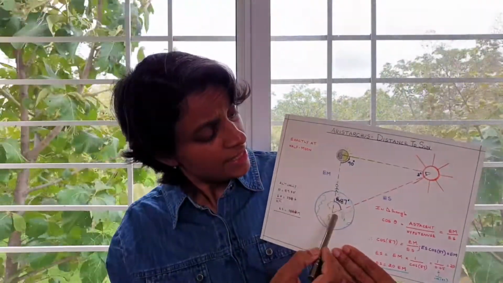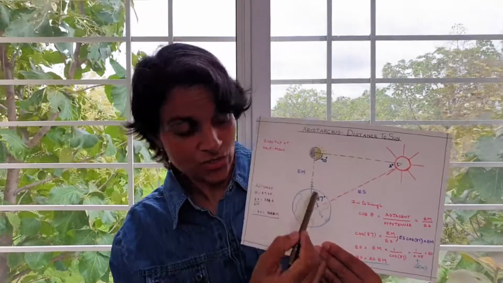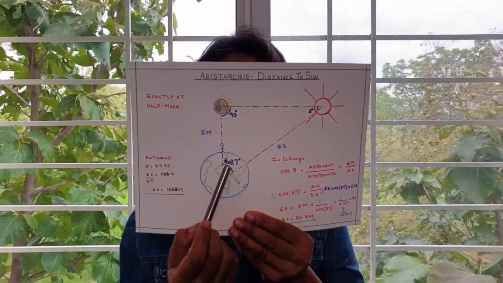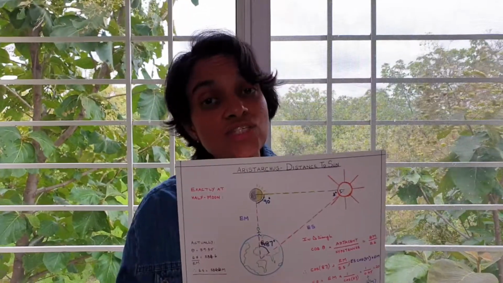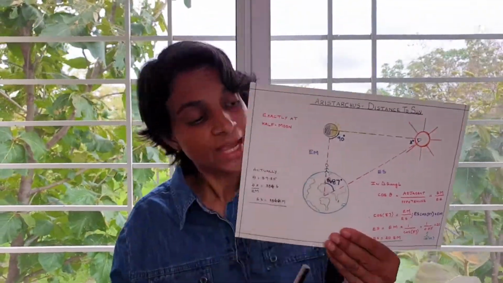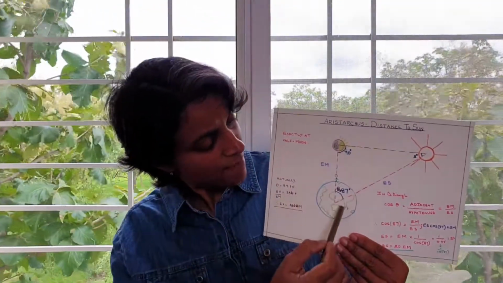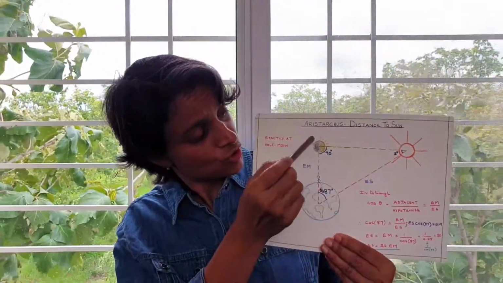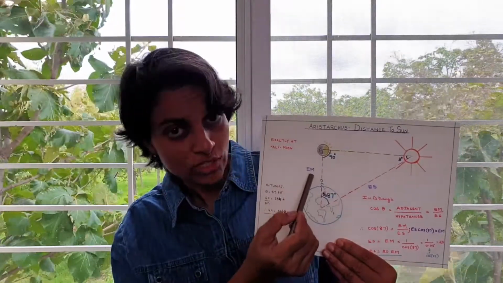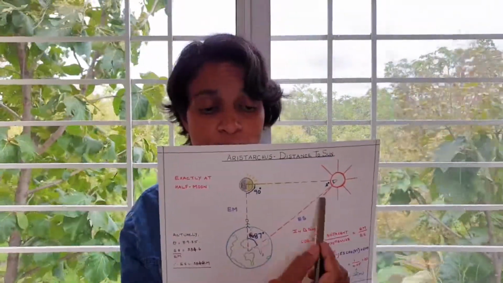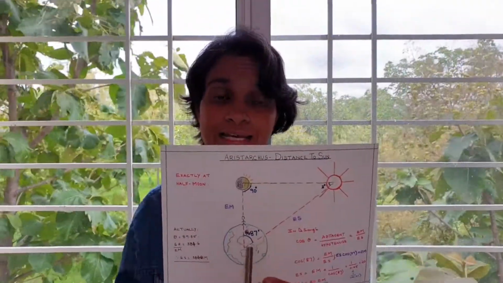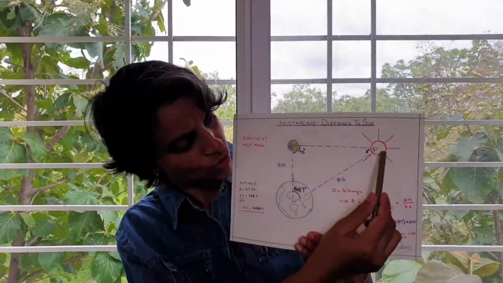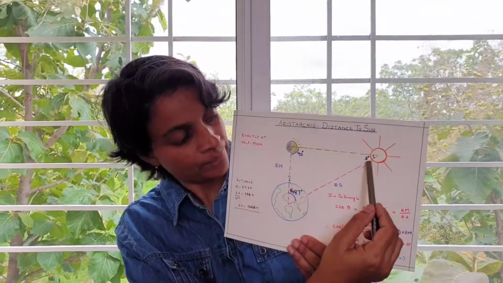And he said that in a right angle triangle, if we take this as theta, cos theta, that is cos 87, equals adjacent by hypotenuse. And the adjacent here is EM. EM is the distance from the earth to the moon, earth-moon distance. And the hypotenuse is earth-sun, ES. The hypotenuse is the distance from the earth to the sun, or ES.